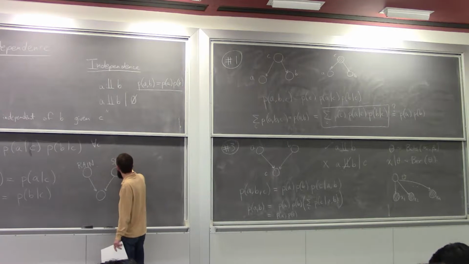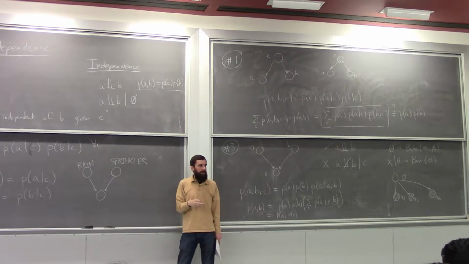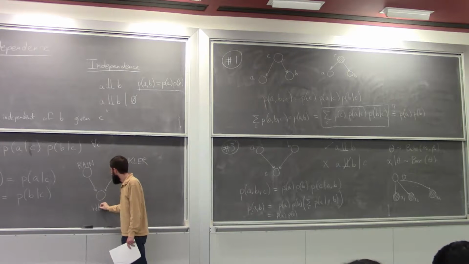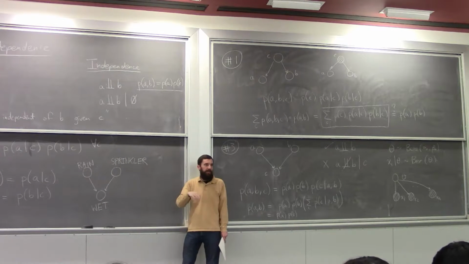The other random variable up here is, have my sprinklers run or not run? And then the third random variable is, is the grass wet or dry? So one if it's wet, 0 if it's dry.